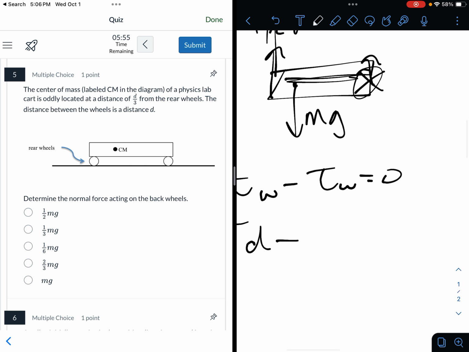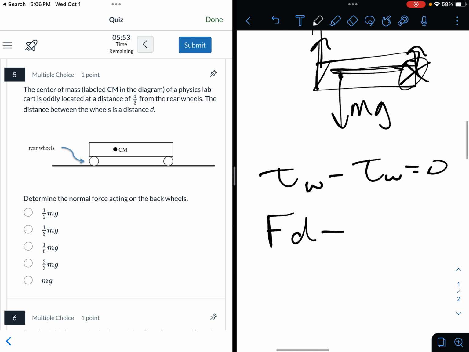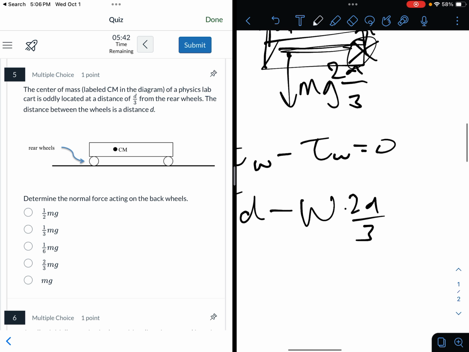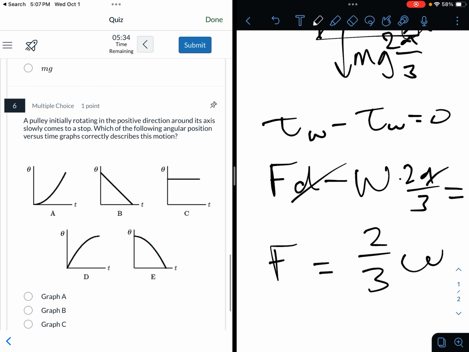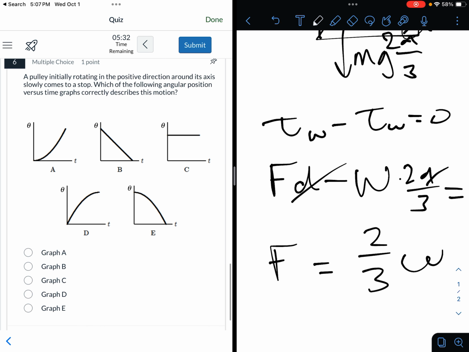So then we're going to have weight times, if this is d over 3, then this distance is 2d over 3. So weight times 2d over 3 equals F times d. I can drop the d and I get F equal to 2/3 the weight, or mg, which is the same thing.